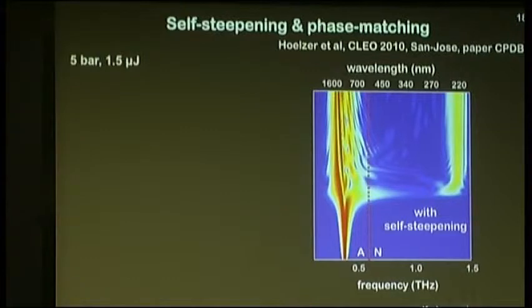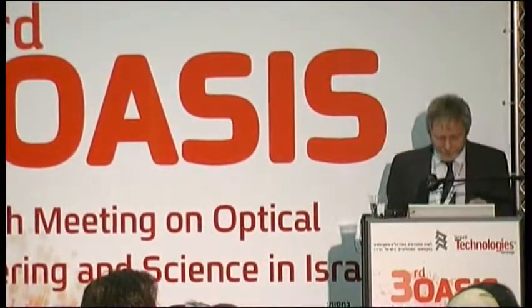Phase matching we can control with the dispersion by changing the pressure, as I showed you. And the self-steepening is very important too, because that provides the engine that enhances the generation of the ultraviolet light. So you need to have some kind of amplifier, some kind of engine driving it. You also need phase matching in order to generate light, of course, as we all know. But here we have both those things.